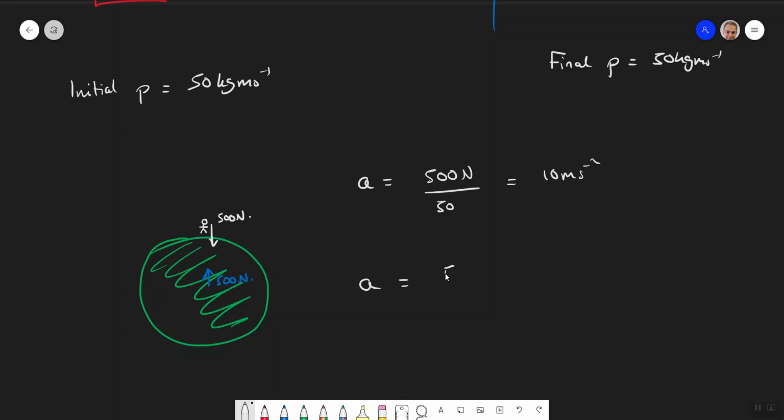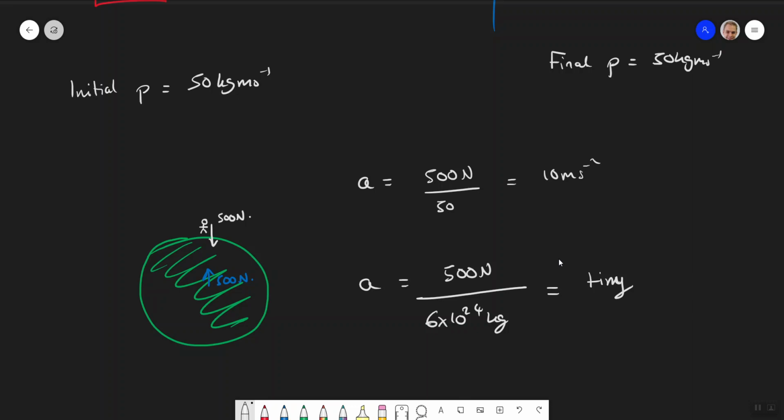The acceleration due to a 500 newton force on the mass of the Earth, which is 6 times 10 to the 24 kilograms, well, is tiny. Okay, I'm not even going to calculate it. It's absolutely minuscule. It's undetectable, your gravitational pull on the Earth.